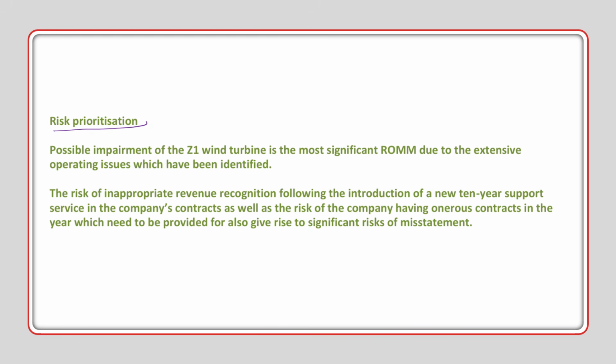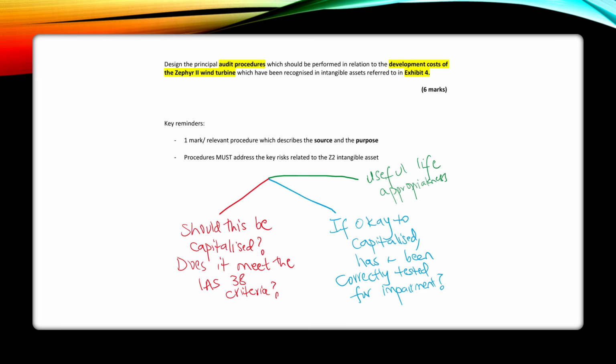I don't want you to try and place them in the order of most to least significant because that'll take a lot of time and it could end up being confusing. Just do your risk evaluation in the order you find them, or whatever you're comfortable with. Then at the end, give a heading to say conclusion on risk prioritization and simply prioritize 2 risks with reasons. Easy marks there.